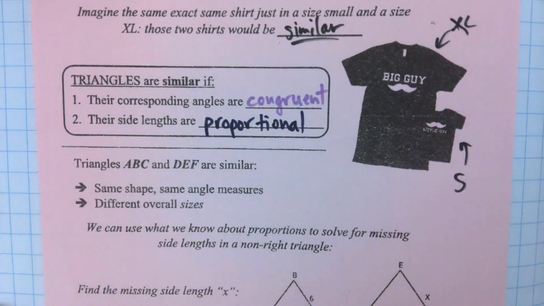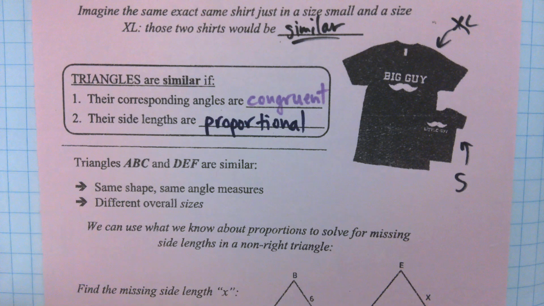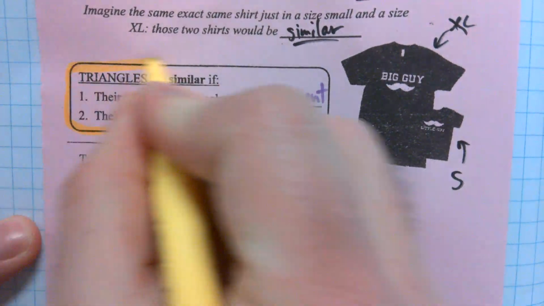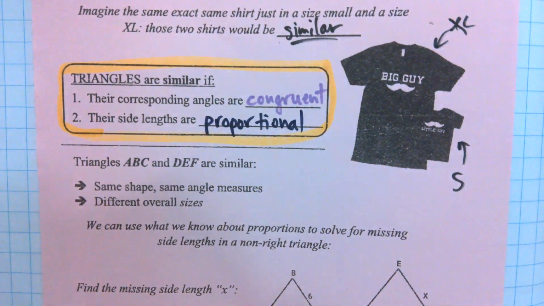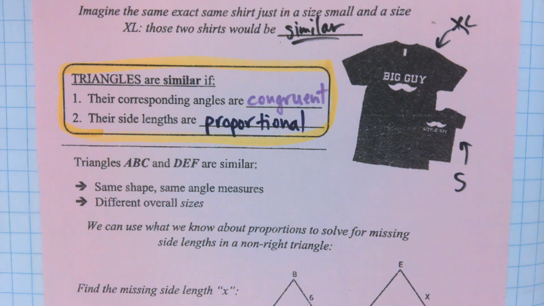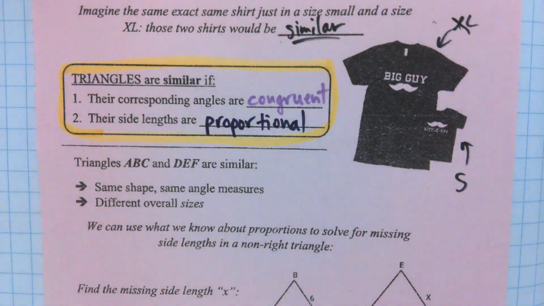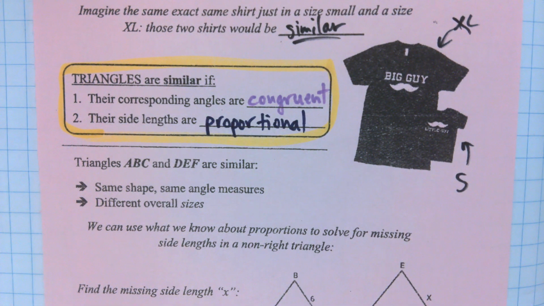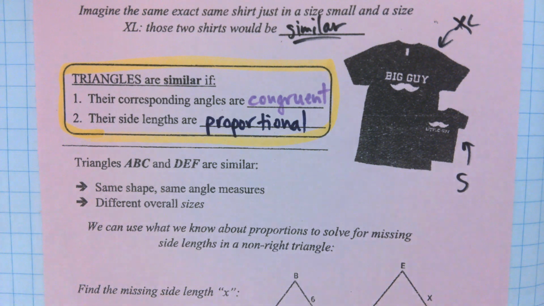Proportional. This is super important. Their angle measures are the same, but their side lengths are proportional. Setting up proportions is exactly what we're going to be doing today.